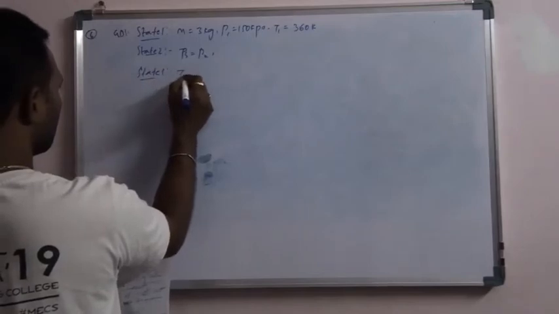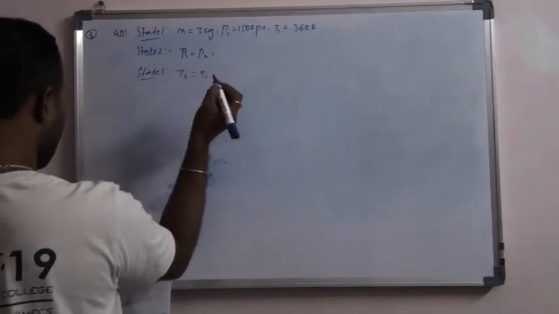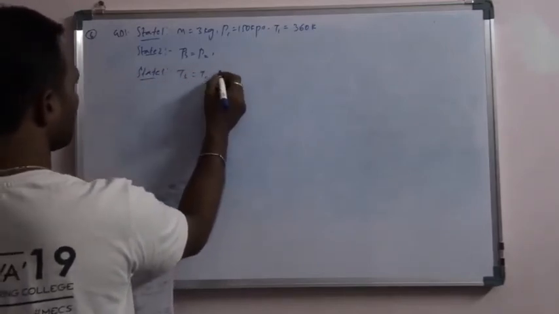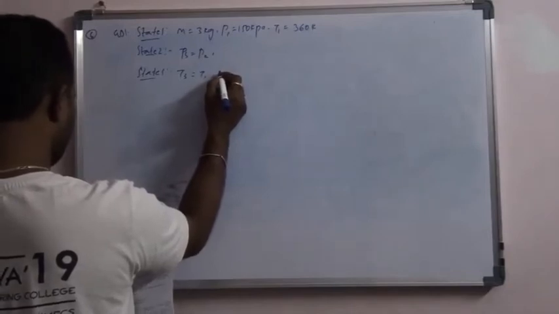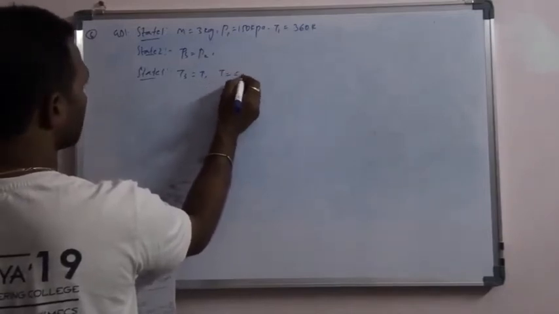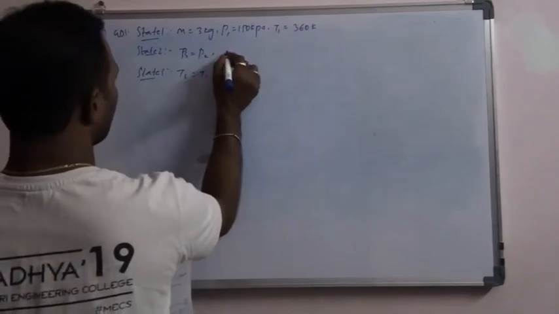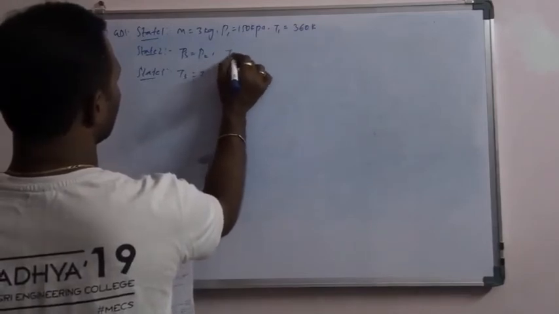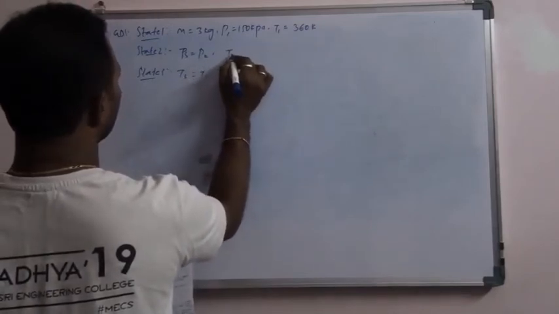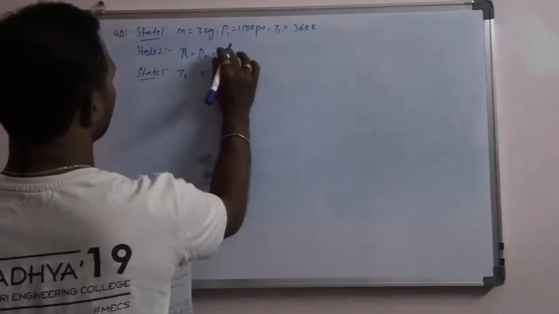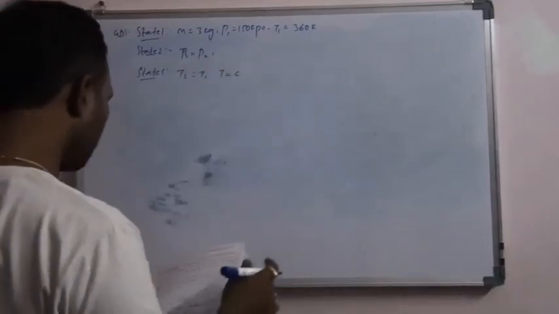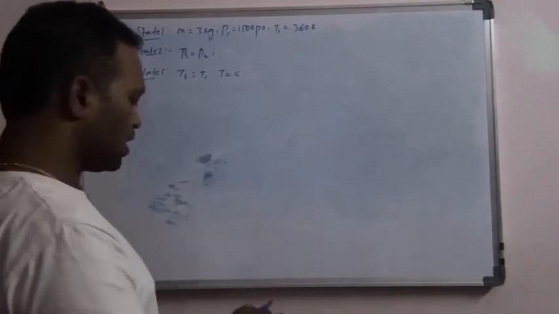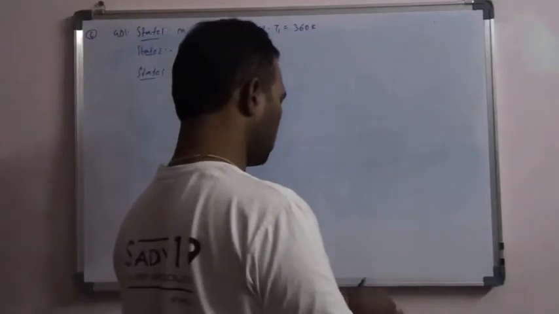At state 3, T3 is equal to T1, which comes back to the initial state, and temperature is maintained constant. Okay, so three different states are given over here, and let us try to draw the PV diagram first, and then we will move on to the problems.